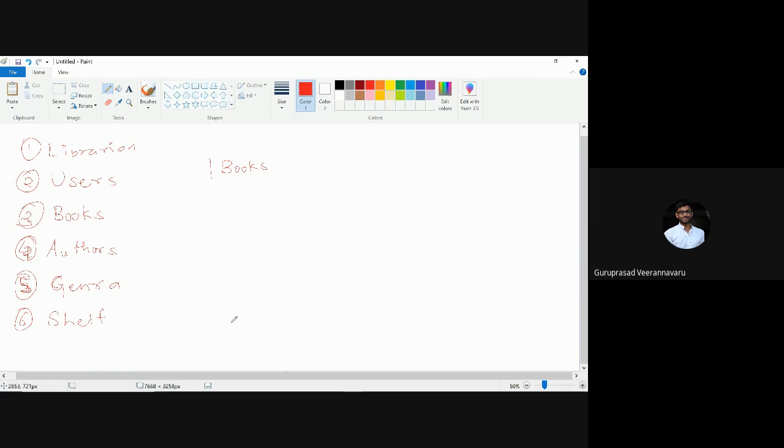Books will have its ID. Okay. And then it will have its ID, let's not confuse it. Let's call it name, ISBN number. Okay. And the book will have its name.